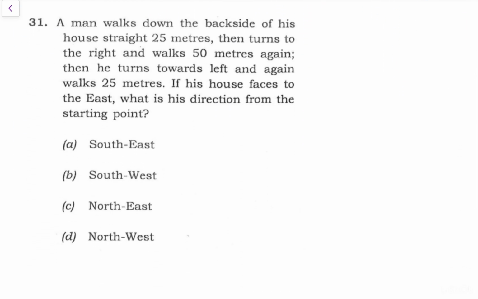Okay, then let's move to the next question. See, this was asked in UPSC 2020. The question is: a man walked down the backside of his house straight 25 meters, then turns to the right and walks 50 meters.